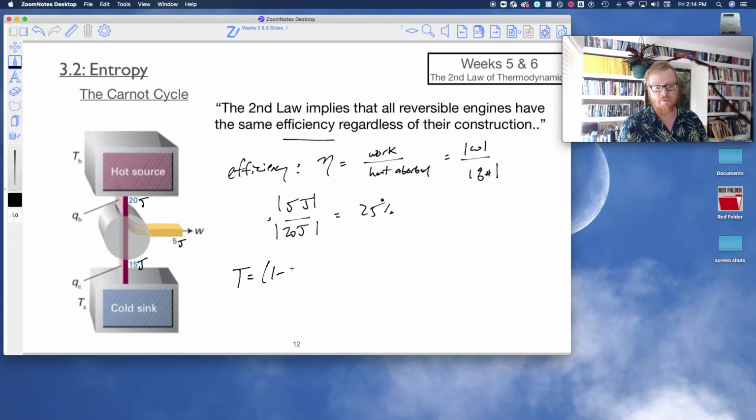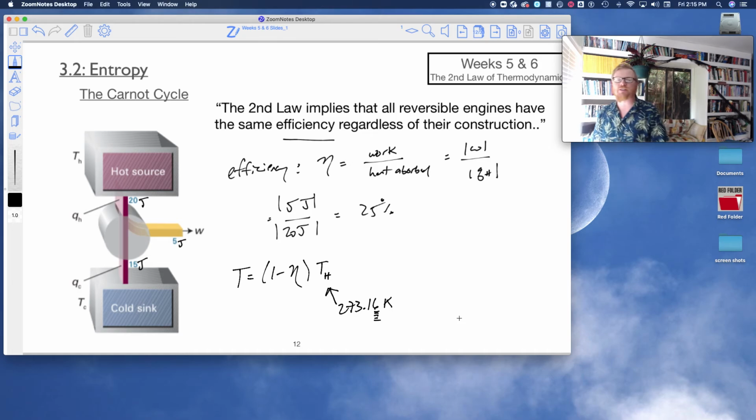T equals 1 minus eta times the temperature of the hot source. So this is a very generic equation. What Kelvin ended up doing was saying, if I set this to the triple point of water, and he chose the triple point of water because there's going to be no latent heat associated with any phase transitions, he set this to 273.16 Kelvin.